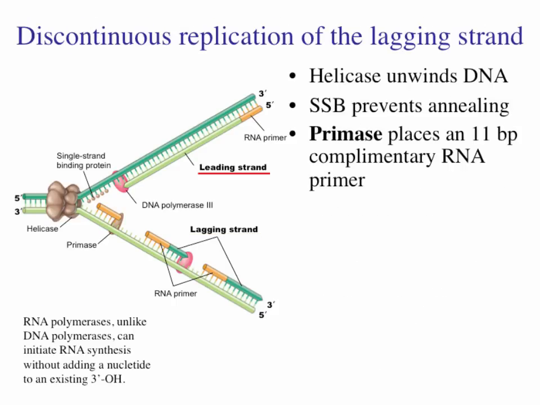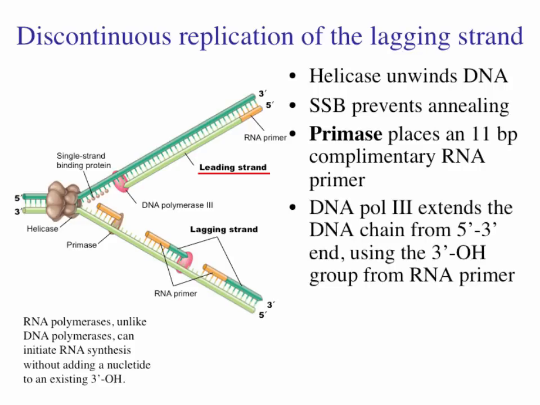Now, in the lagging strand, you have that discontinuous DNA replication. The primase is going to put the 11 base pair primer. The polymerase now is going to come and use the 3' hydroxyl group of the primer to initiate replication. It's going to continue, and when it finds the next primer, it stops.